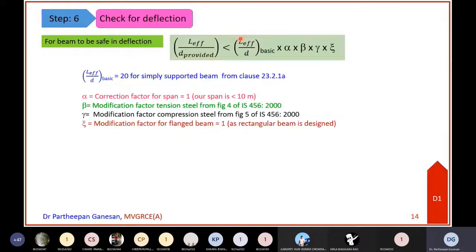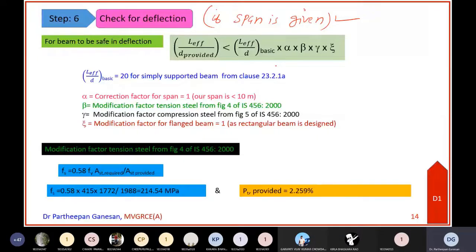This is required only if span is given. Then only you will perform the control of deflection check, otherwise you cannot do it. All this you will do as we discussed.